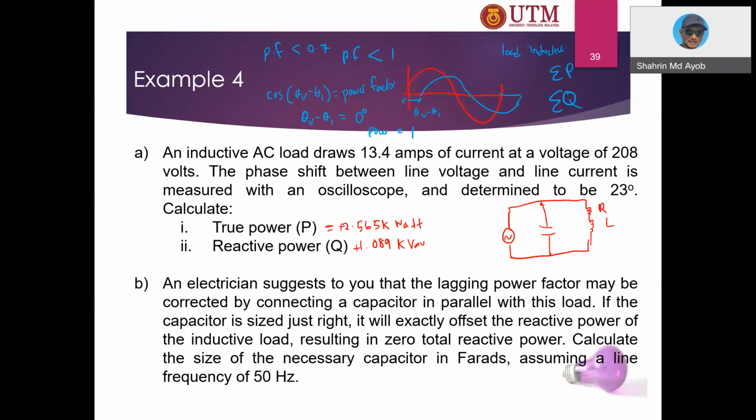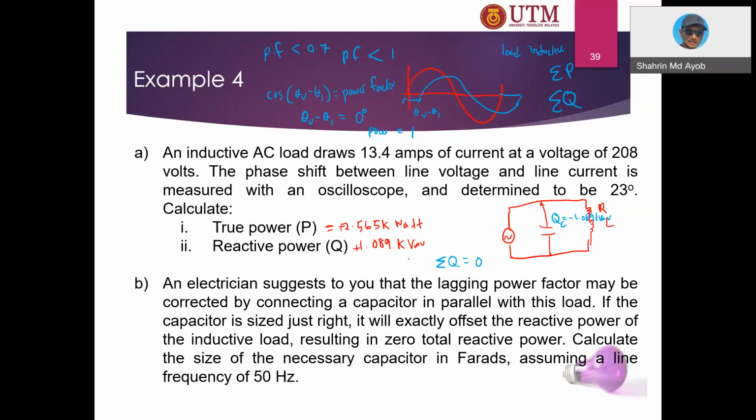For example, if you have your Q of 1.089 kilovar, you can compensate this Q, so that your total Q becomes 0, by making QC equal to negative 1.089 also.